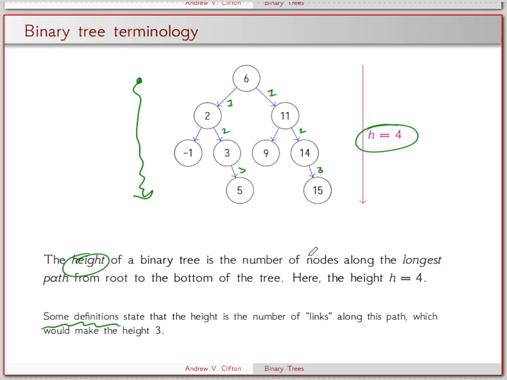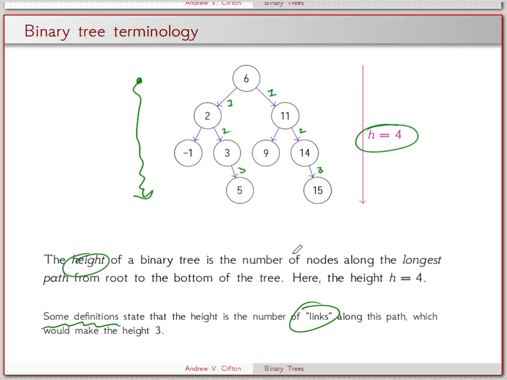I don't particularly like that definition because the problem then is what is the height of the empty tree? If you use the definition that I'm giving, the height of the empty tree is 0. If you use the definition of counting the blue arrows, the links along the path, the height of the empty tree is undefined, or some versions use -1, neither of which seems very nice.